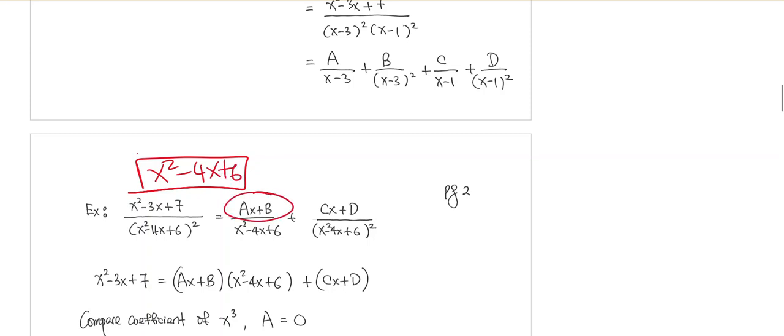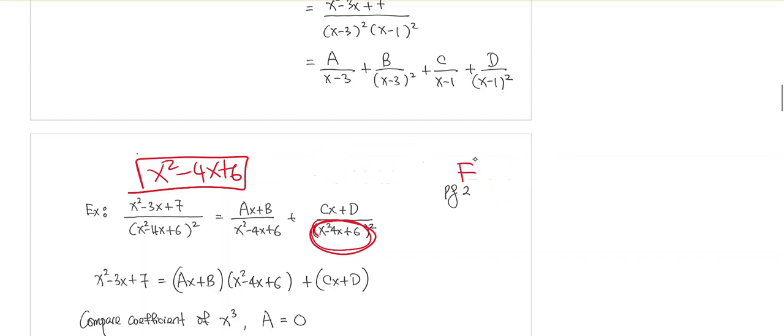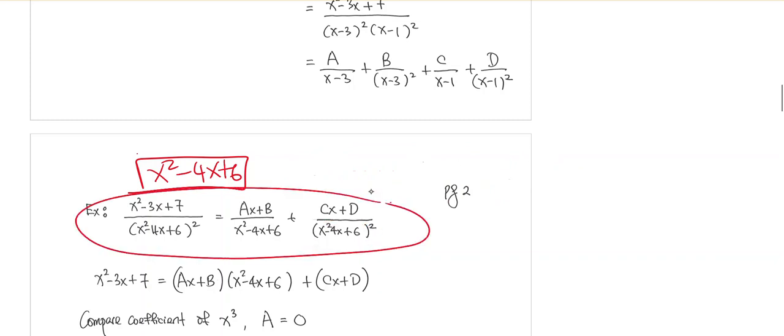So the numerator has to be ax plus b, and here has to be cx plus d. You cannot argue that this is a polynomial of degree 4 and therefore the numerator has to be cx cubed plus dx squared plus ex plus f. No, we are not using that rule. So that is the procedure involving repeating terms, and this is how partial fraction decomposition works.